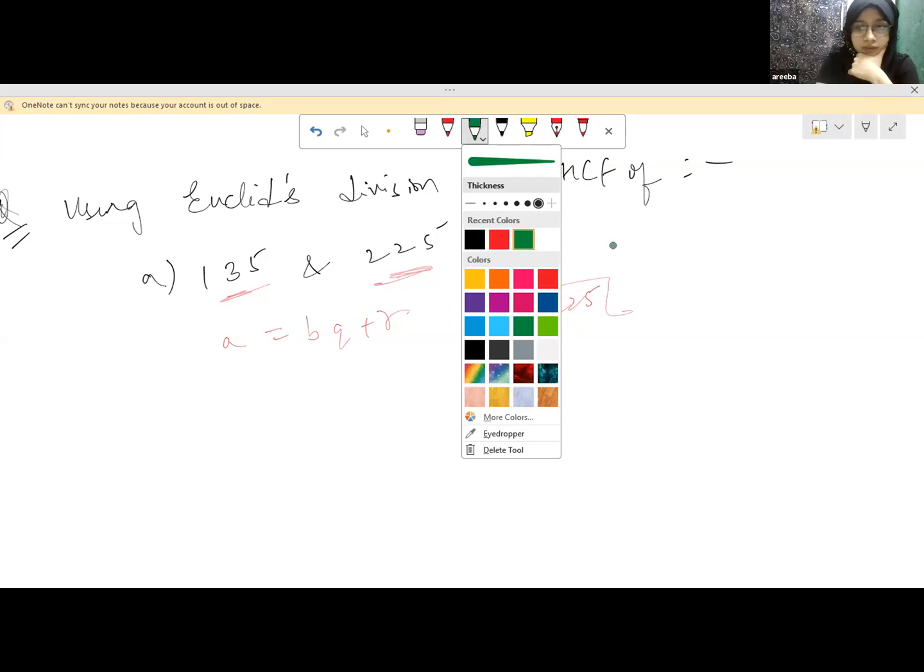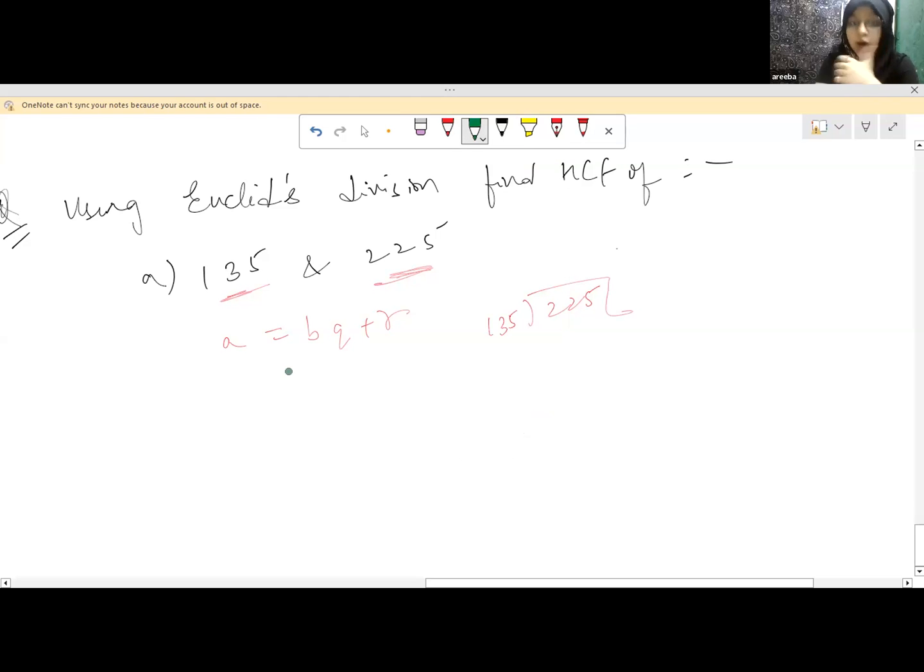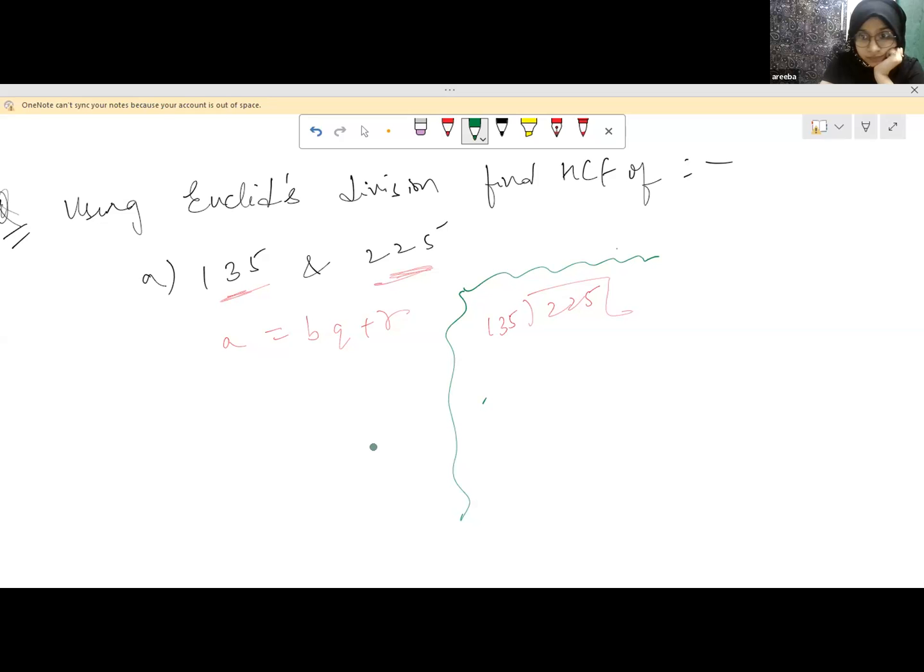Teacher, I do not understand the a is equal to bq plus r. Okay. No. Don't look at that part. I will make you understand this one. First, tell me this part. I'll tell you that in detail. This part you have to solve right now. Divide fast.